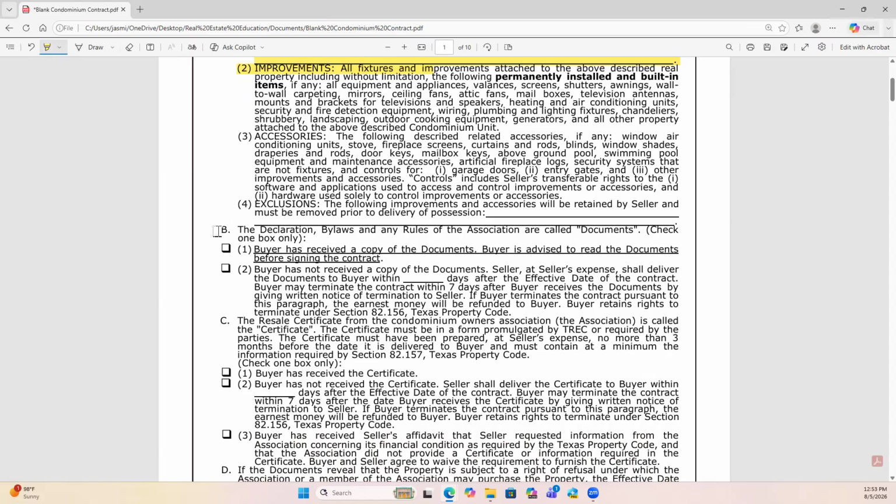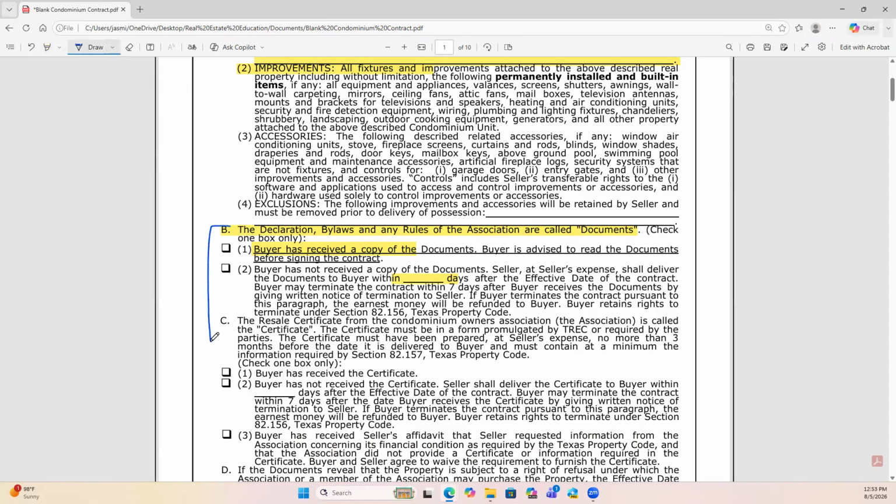On paragraph B, what we're talking about here are the declarations, the bylaws, and the rules of the association, or the documents. Did your client receive them or not? That's what we're discussing here. If your client did not receive them, how long are you going to give them to receive the documents? That's happening here, or your client did receive the copy. These declarations and bylaws are completely different than the resale certificate on the resale contract.